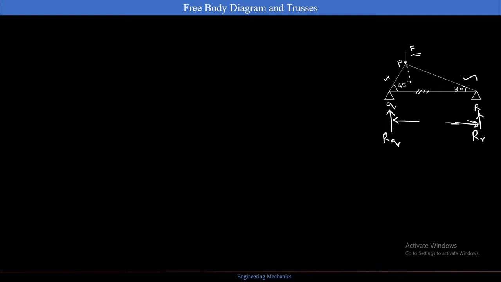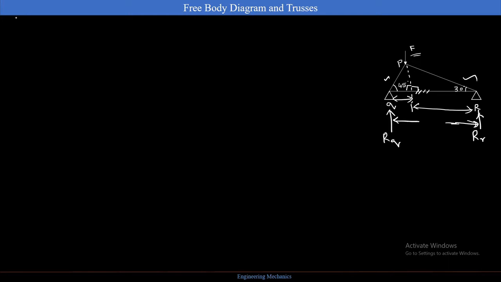So I'm going to draw an imaginary line here, and this is my 90 degrees, and this is also 90 degrees. I need to find the distance between this and this. Let's see how to find that.